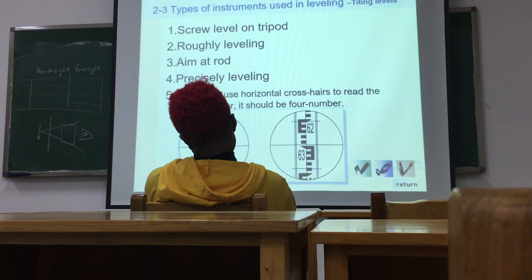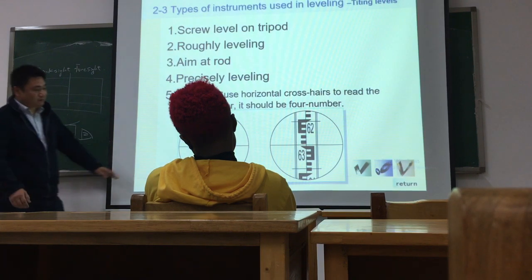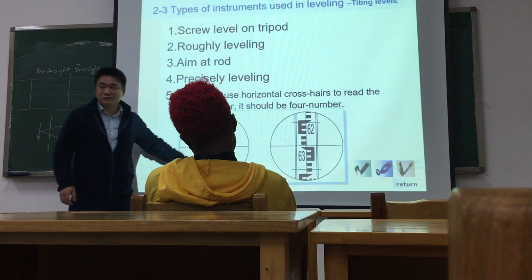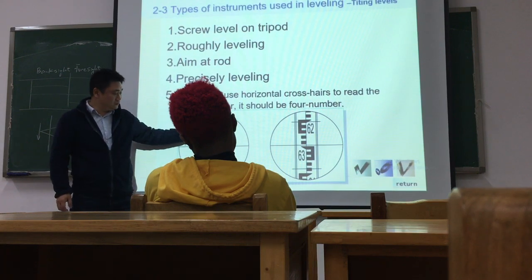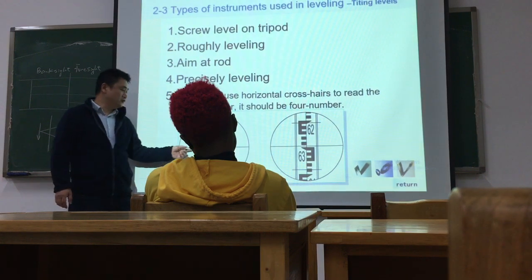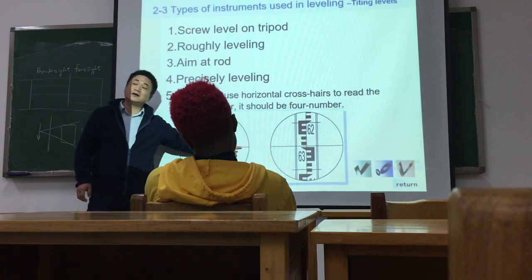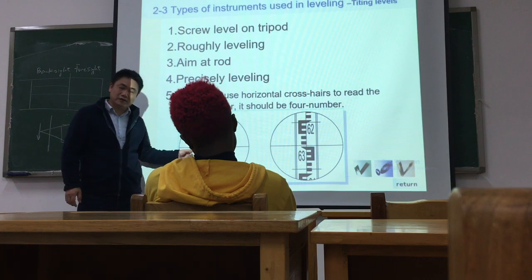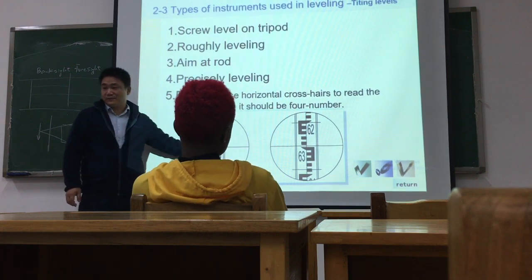I think you all know how to get the reading from yesterday. But remember, be careful, because we have three horizontal hairs, two short and one central. So you always use the central one to get the reading.